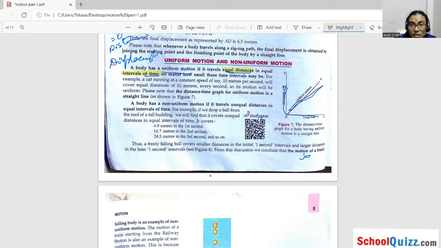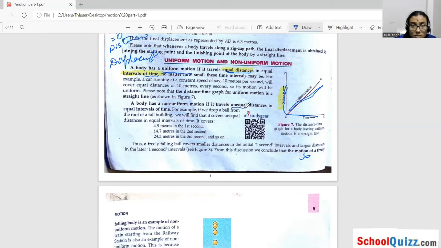Equal distance in equal interval of time. And this is the distance time graph. If anyone asks you what the distance time graph will give, the distance time graph will give uniform motion. Clear, students? And what about the non-uniform? Non-uniform is just the opposite.